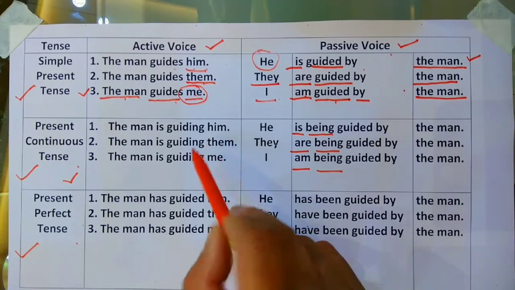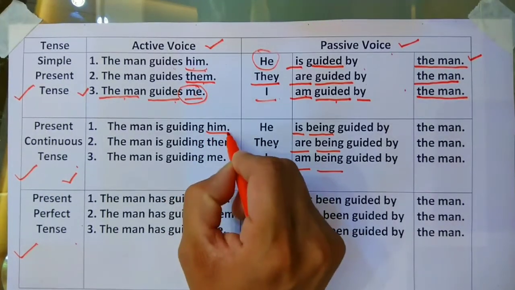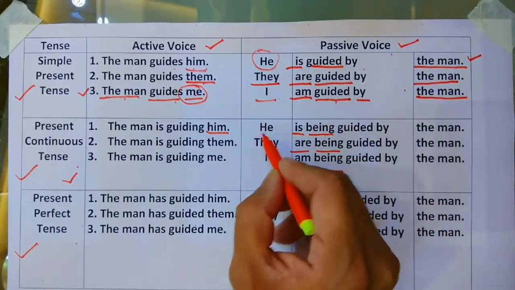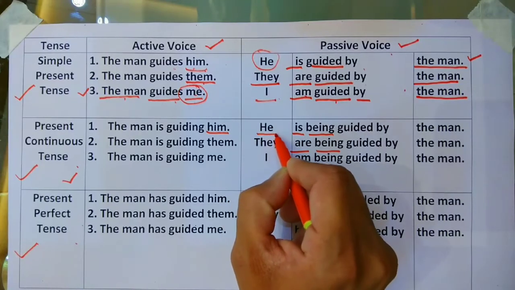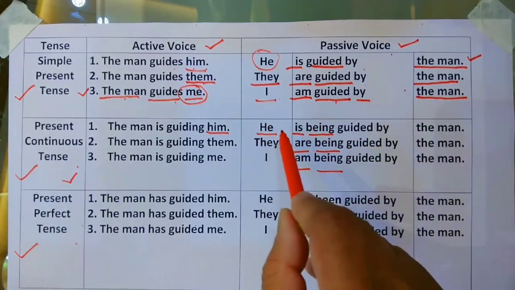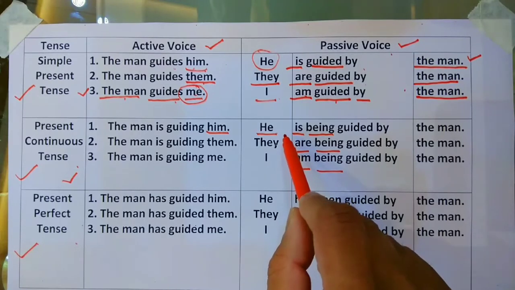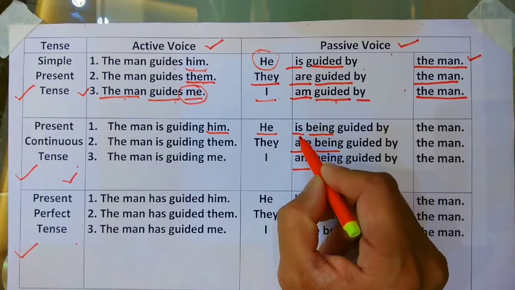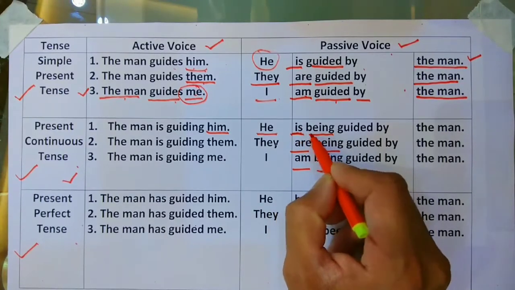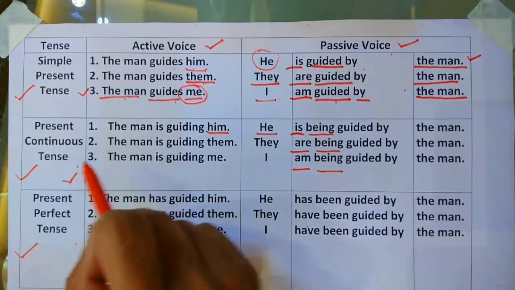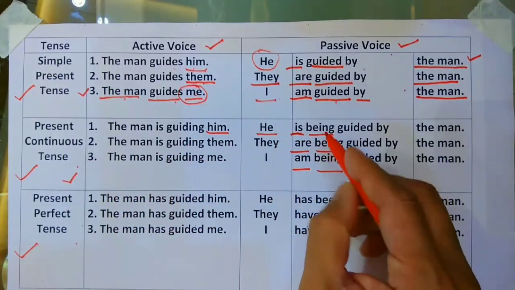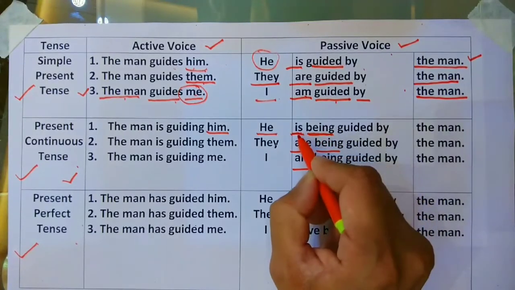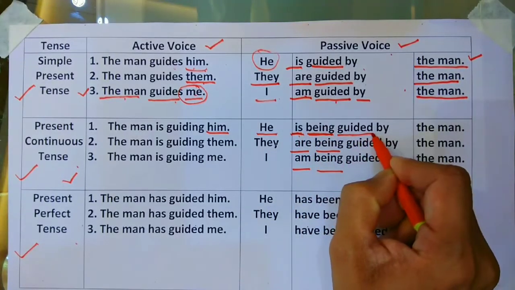Since the object is the pronoun him, while converting into passive voice, we need to convert it into its nominative case he. He is in a singular form, and the sentence is from present continuous tense. Therefore, we have selected the helping verb is here, and in present continuous tense, in the passive voice, we have to use the word being between the helping verb and the past participle form of the verb.